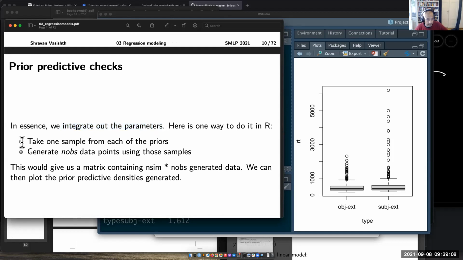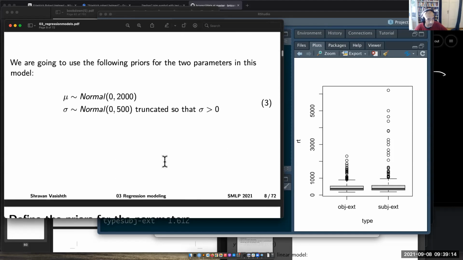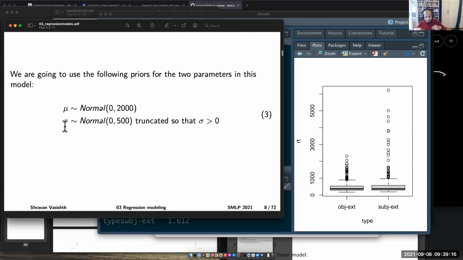And the way to do it in R is that you take a sample from each of the priors, right? I specify these priors. I repeatedly take a sample from each of these priors, generate some data, then take another sample from the priors, generate some data, so a vector of n data points. If I do that 4,000 times, I've got 4,000 data sets that I've produced. Okay?